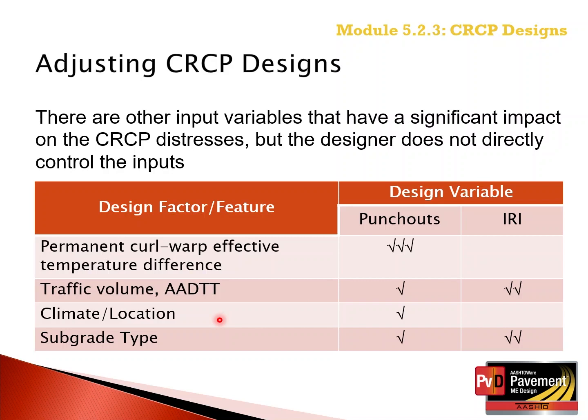And then the subgrade type also has a minor to moderate impact on the number of punch-outs, but a larger impact on IRI because of the site factor variables that are related to the soil type. And remember, the combination of climate and subgrade soil can have a significant impact on IRI over time.